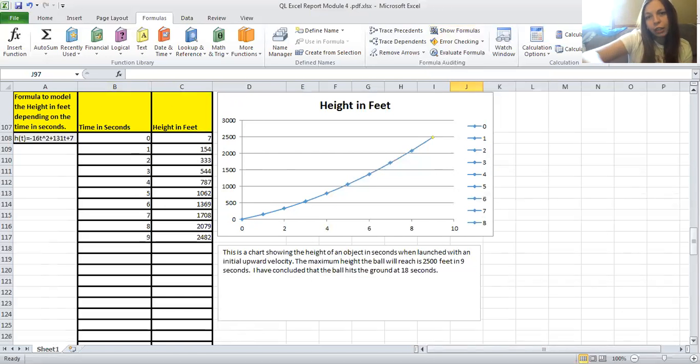So my chart just kind of shows an upward slope. So I'm going to conclude that if it made that in 9 seconds and it got to its highest point, then in another 9 seconds, which will be 18 seconds, it will hit the ground. And that's my conclusion on that one, because my graph only showed me that much.